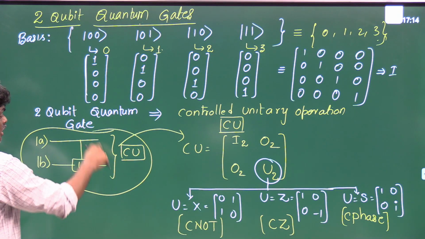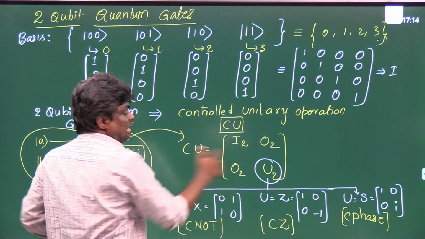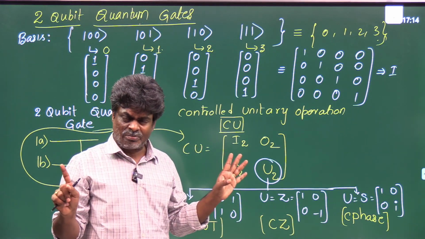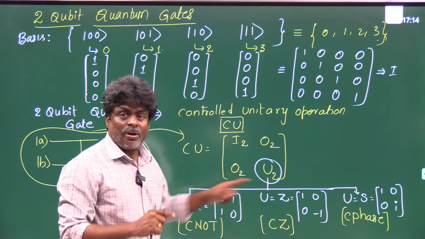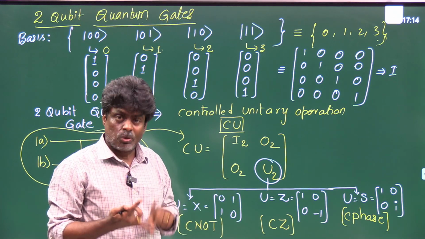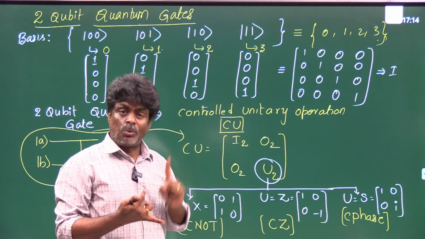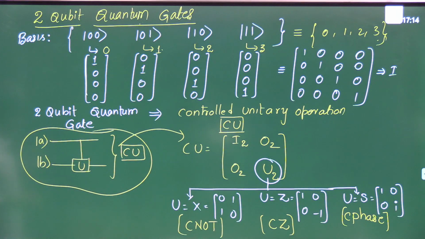Because every quantum gate is a unitary operator, this operation is represented by a matrix: I2, O2, O2, U2. Now you have a choice. You can replace U with X, Z or S, and then you will get controlled NOT, controlled Z, controlled phase. Any doubts? Easy, very easy.